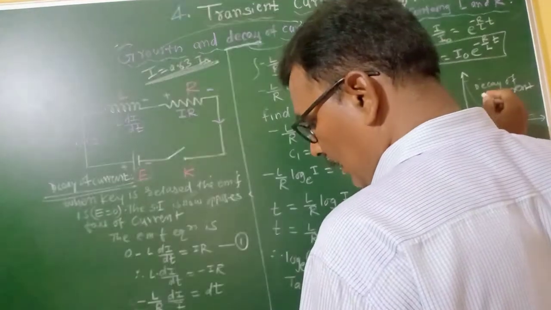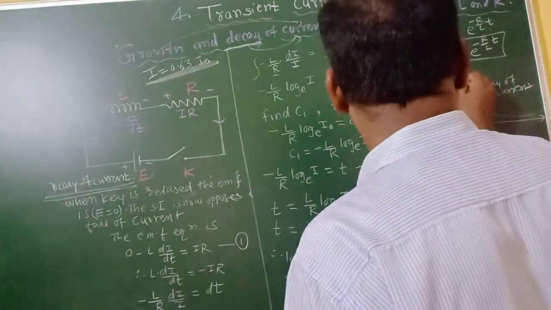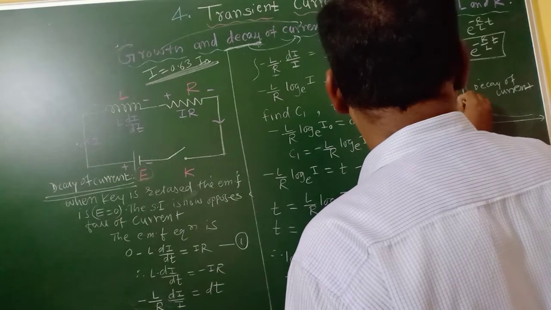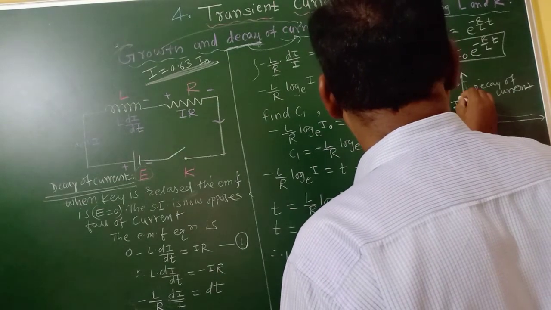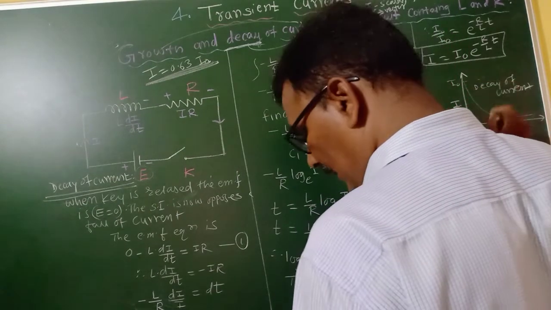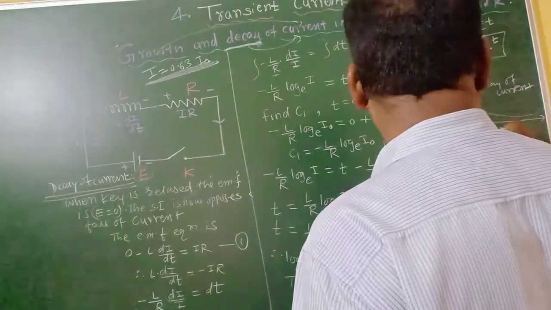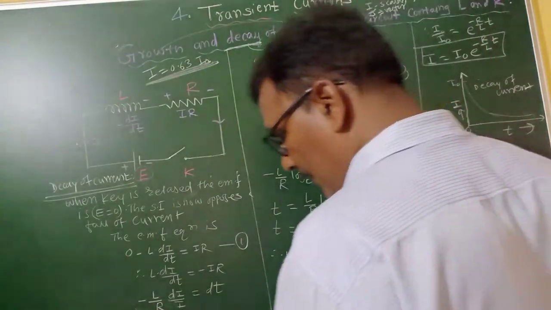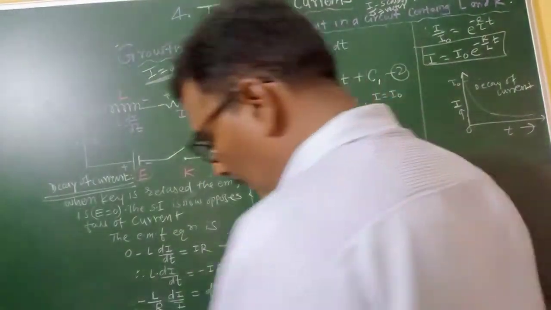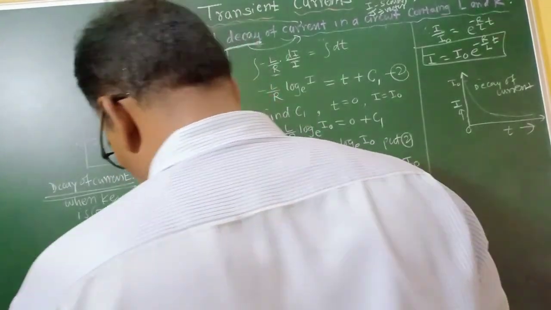This is I0, the maximum value, the initial current flowing through the circuit, and time is on this side.